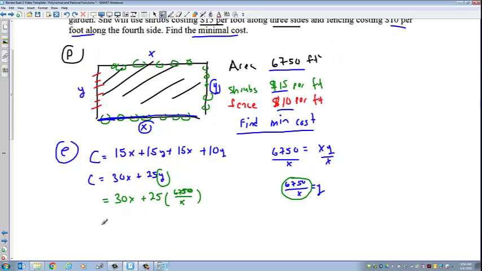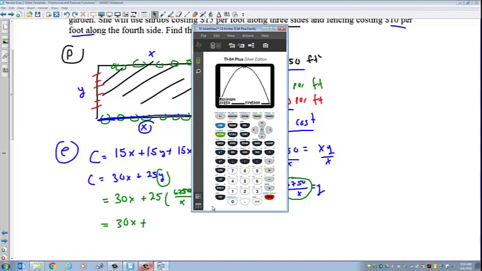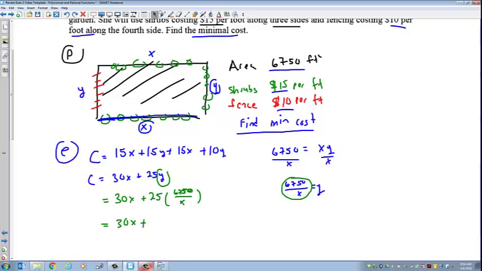Which is equal to 30x plus, and then I'll need a calculator, so I'm going to do 25 times 6,750, which is equal to 168,750. So let's write that down.